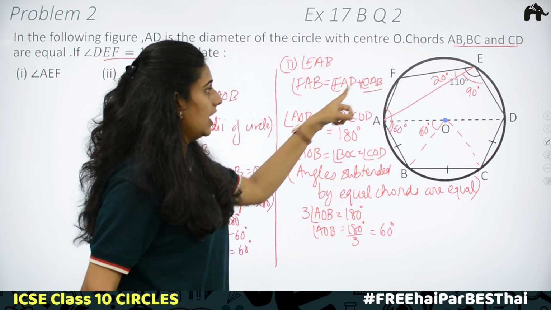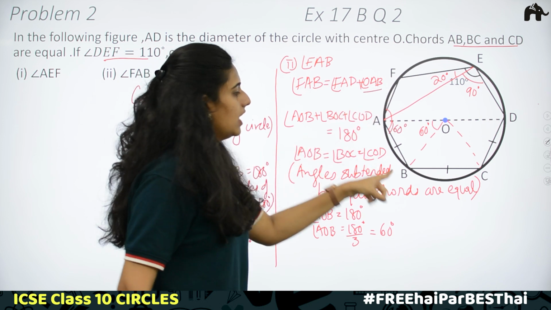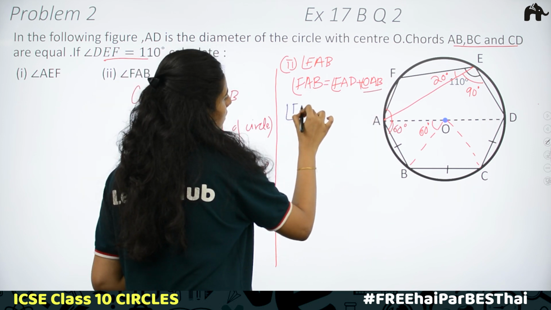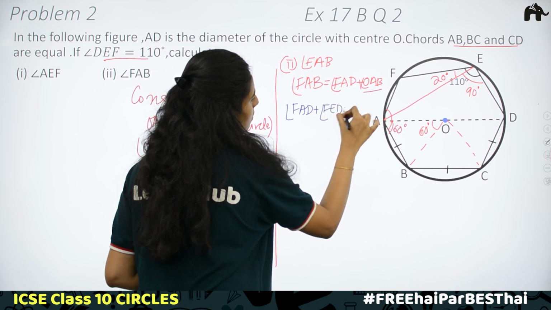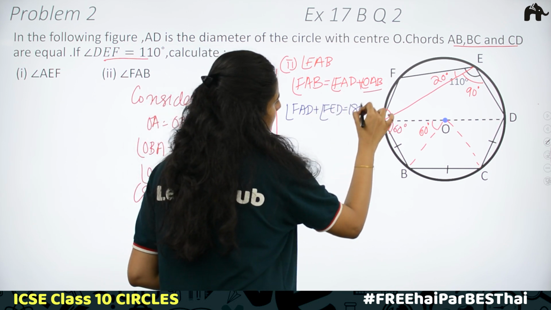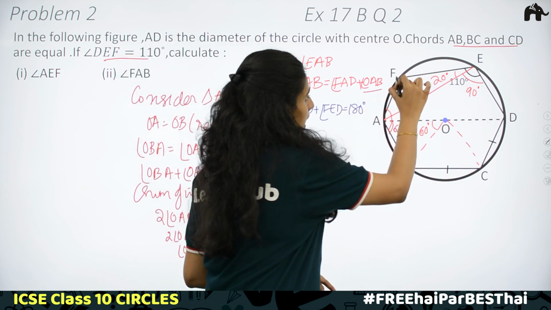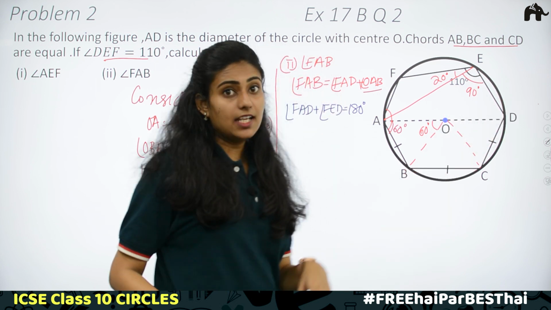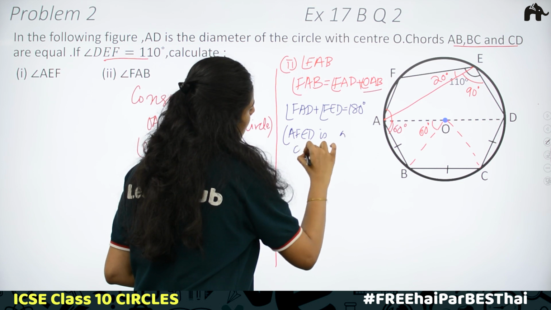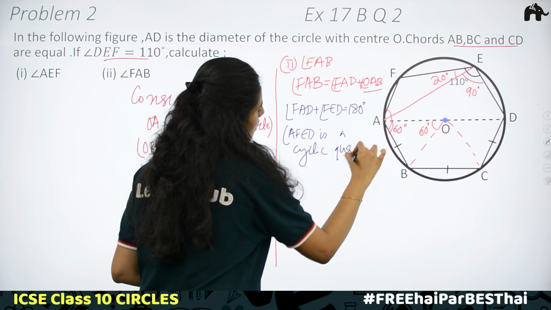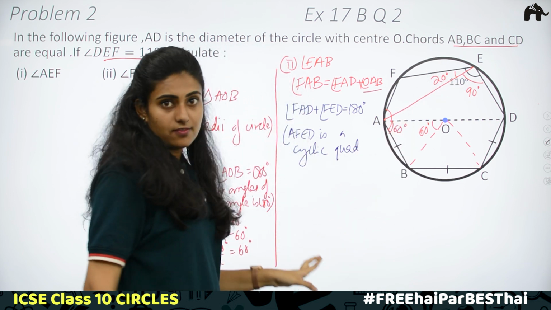Now, we need FAD. Yes, if we get FAD, we can add them and find what FAB is. Angle FAD plus angle FED will be equal to 180 degrees. What is the reason? When you consider this figure here, AFED is a cyclic quadrilateral. For a cyclic quadrilateral, the sum of opposite angles is equal to 180 degrees.